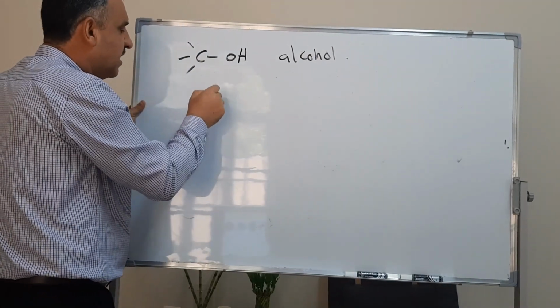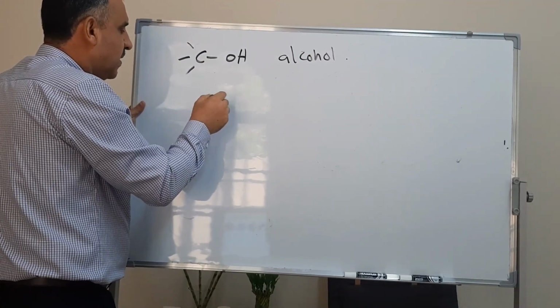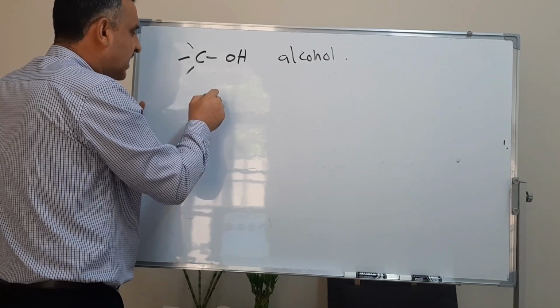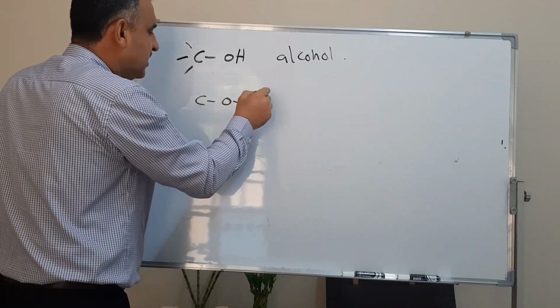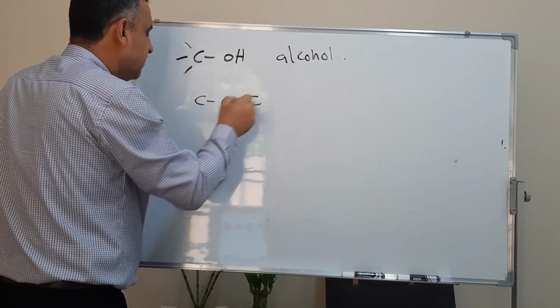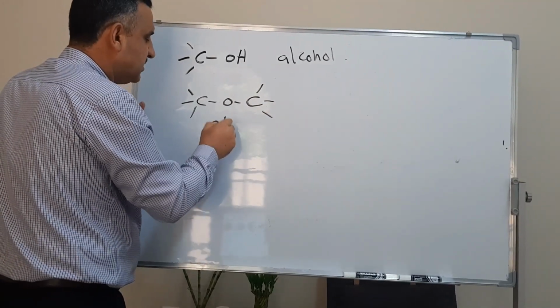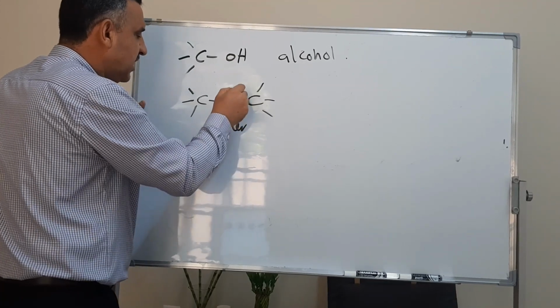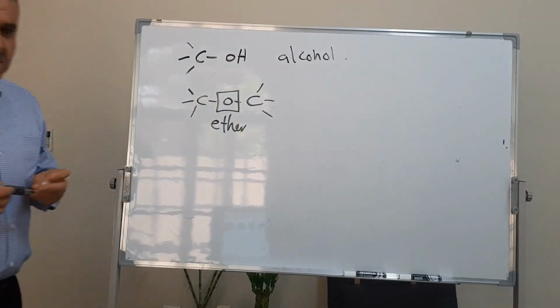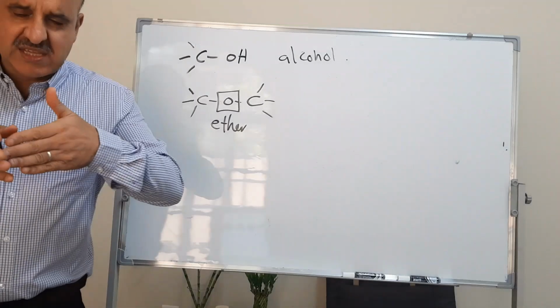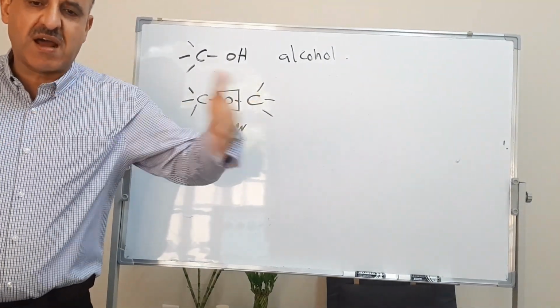If we have carbon attached to oxygen and then attached to carbon, then we will call this ether. As you can see here, in the ether the oxygen is attached to 2 carbons in general.